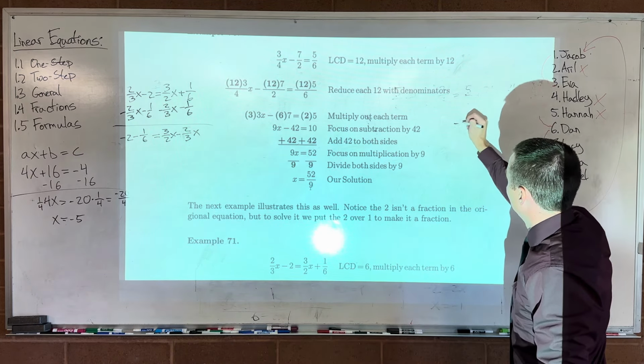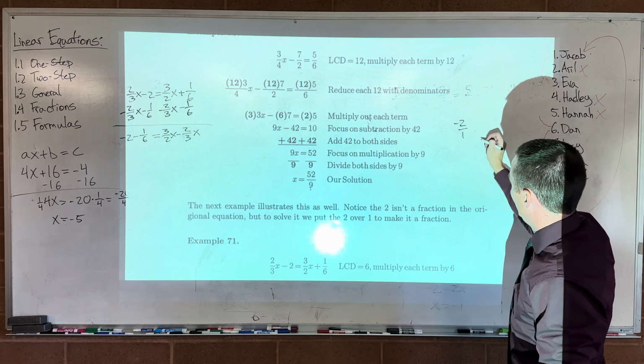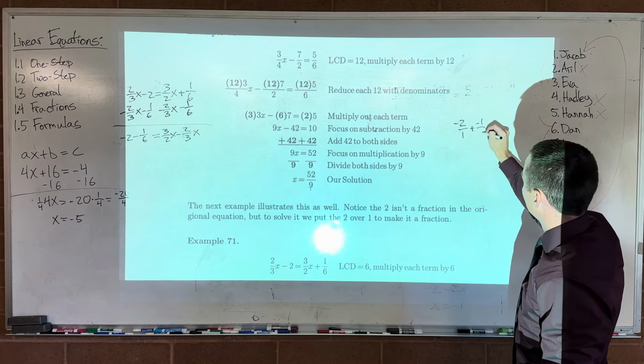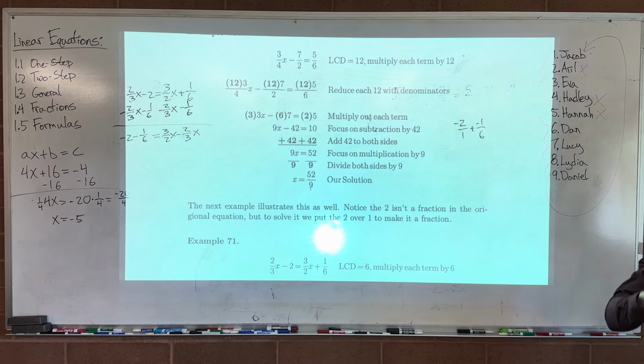Remember, negative 2 is the same thing as negative 2 over 1. And we can think about this as plus negative 1 over 6 if it helps. What's our common denominator going to be? 6. Fantastic.